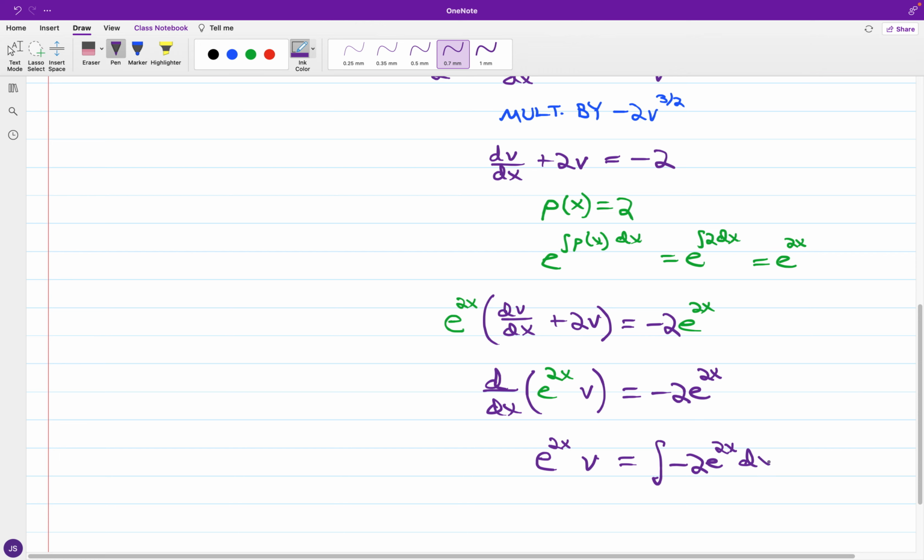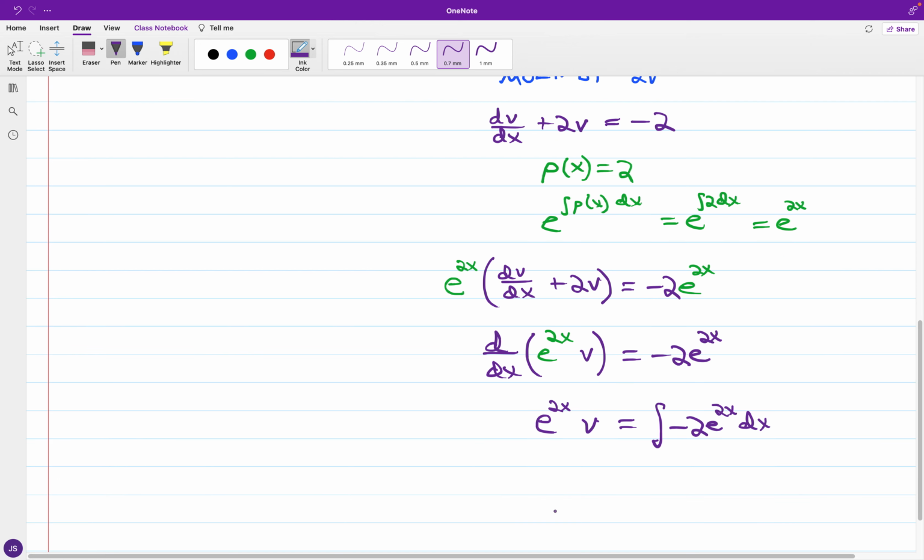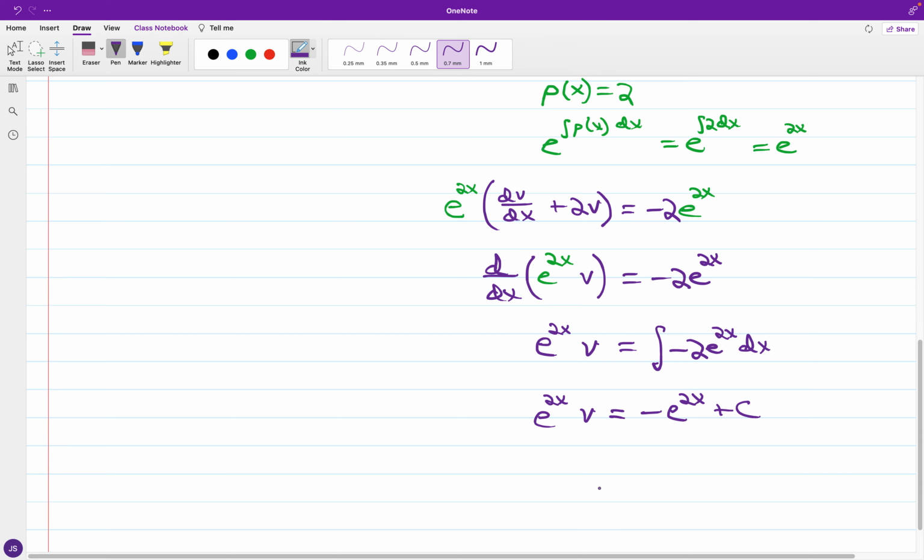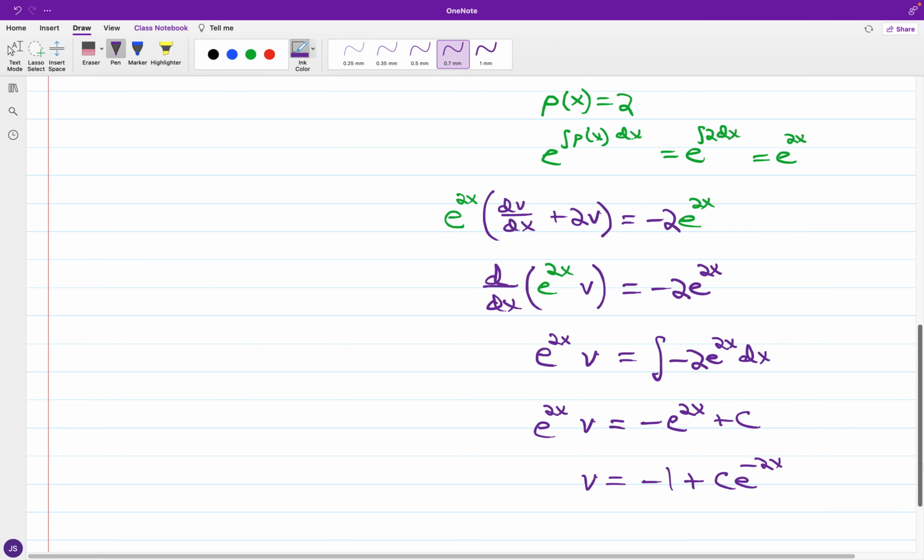Following through, we got e to the 2x times v is equal to the negative of e to the 2x followed by the constant, and isolating v, negative e to the 2x divided by e to the 2x is going to be a negative 1. And we have plus c times e to the negative 2x.